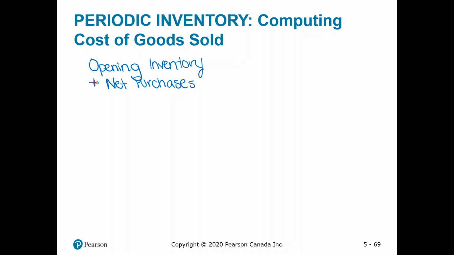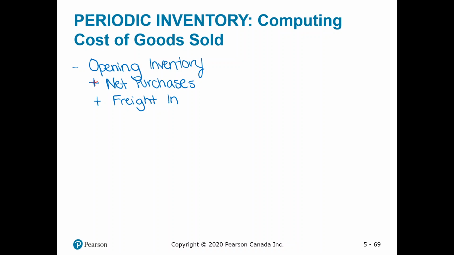We also know that when we pay freight in, so getting that item to us ready to be available to sell, that's part of the cost of inventory. So we also add freight in. So now we've started with whatever we had the year starting with, our opening inventory, and we've added all of the amounts that we paid to get new inventory.